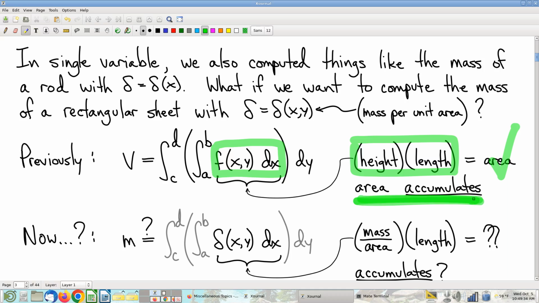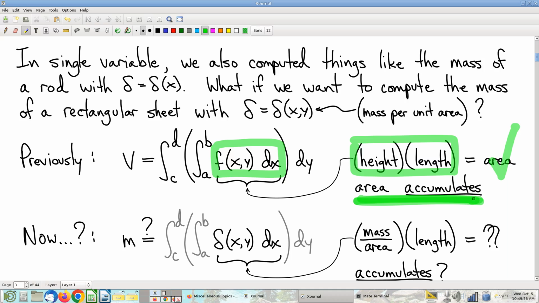And furthermore, and really importantly, I know stuff about area. I know that area does what I'm going to call accumulating. If you have a little piece of area here, and then you have a little piece of area right next to it, this area plus that area gives you the area of the whole. That's something that area does.